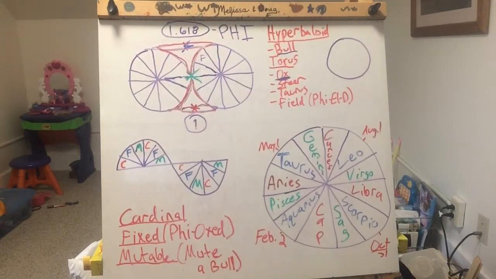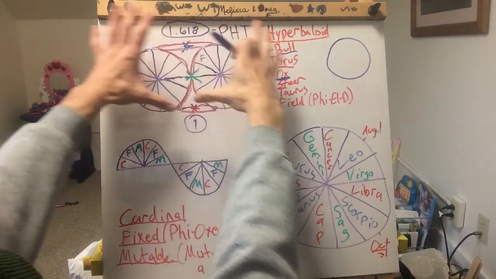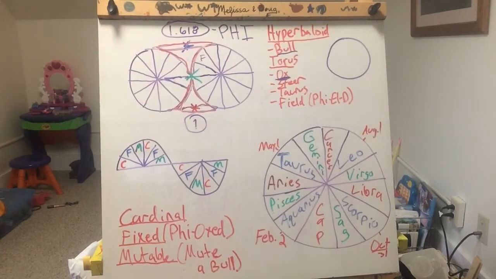And the difference there is that the hyperboloid is where all the potential is, and the Taurus, the field itself, is the loss of potential. And so by definition, a bull is not castrated, and by definition, an ox is castrated.